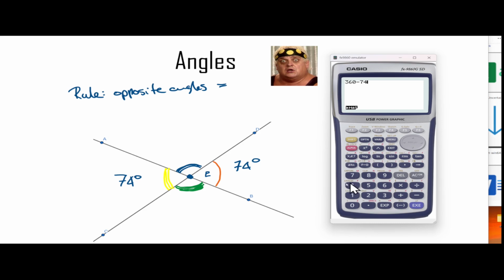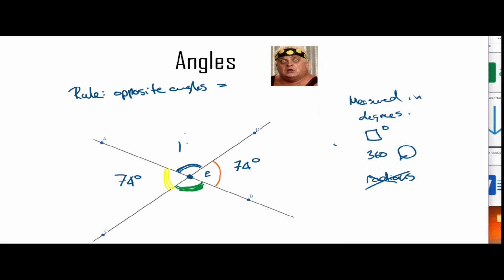So let's take off 74 for the orange angle, take off another 74 for the yellow angle. So that means that the green angle and the blue angle here must add together to give us 212. But we know that they're the same, so if we divide it in two, we're going to find that this angle here must be 106 degrees, and this angle here must be 106 degrees.